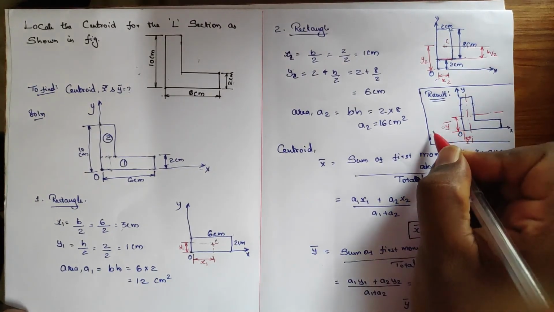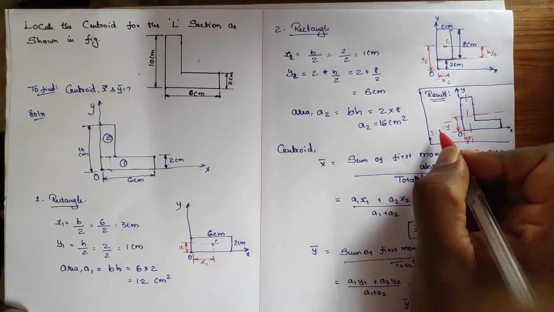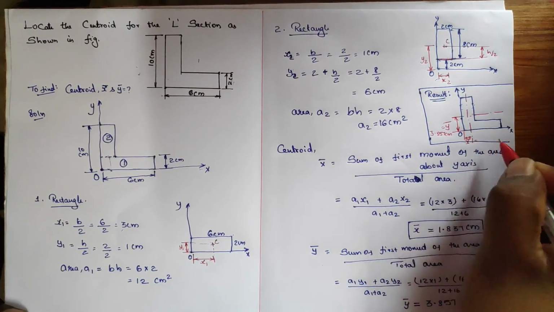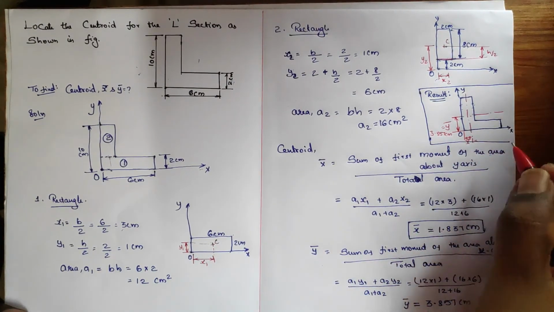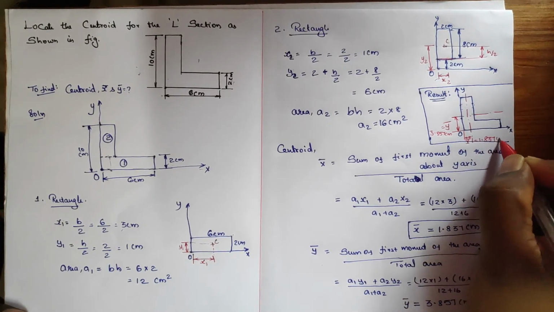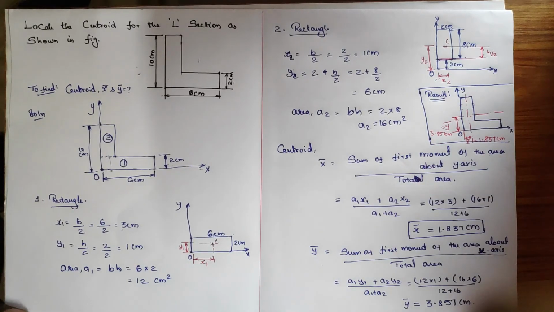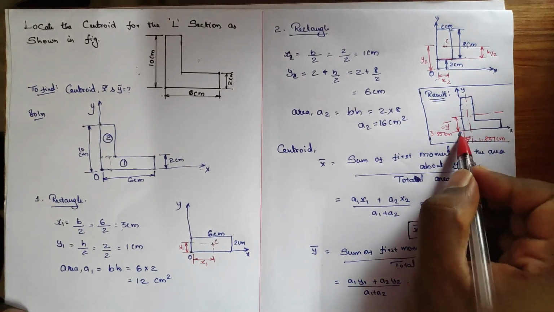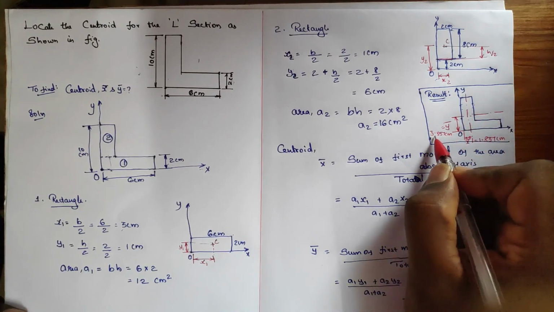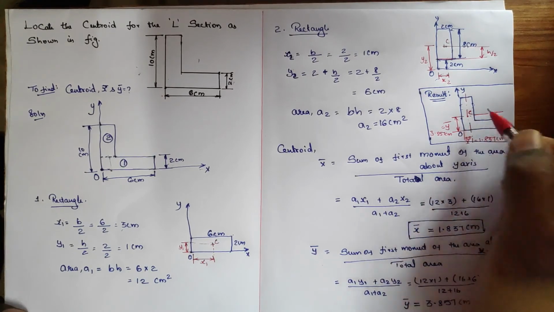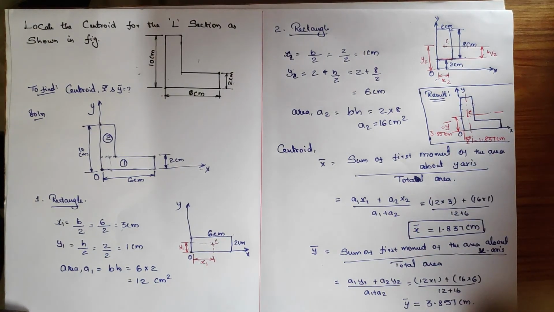Here you can write 3.857 centimeter, and x bar is equal to 1.837 centimeter. In a neat manner you need to specify things. From O to this particular point is x bar, and from O to this particular point is y bar. This point is the centroid, so specify it with C.